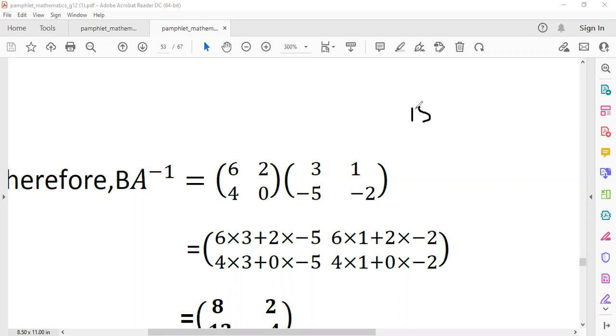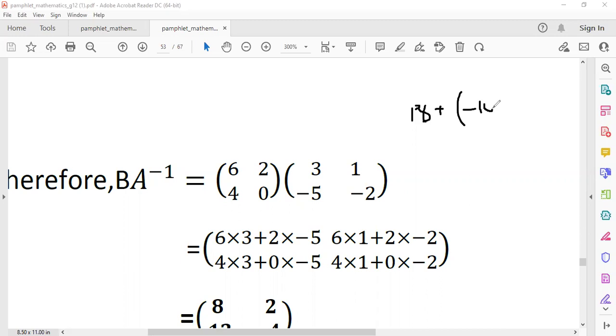So I'm trying to make this right. I wonder why it's floating in the air. Doesn't really make sense. So this should be settled down. 18 plus negative 10.